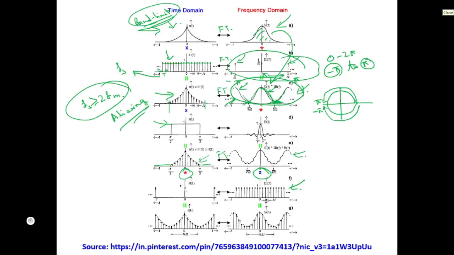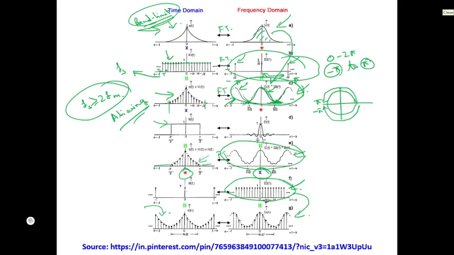Now after the multiplication of this continuous frequency domain signal with this impulse train in the frequency domain, we get the sampled Fourier series, and in addition we also get the sampled time domain signal.